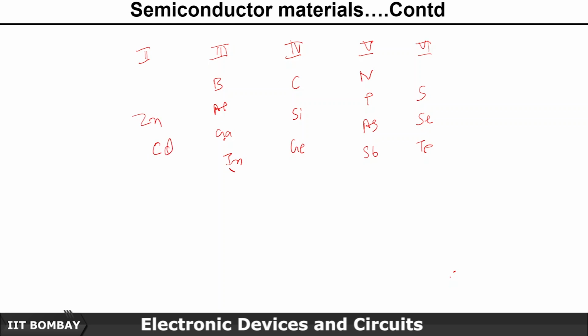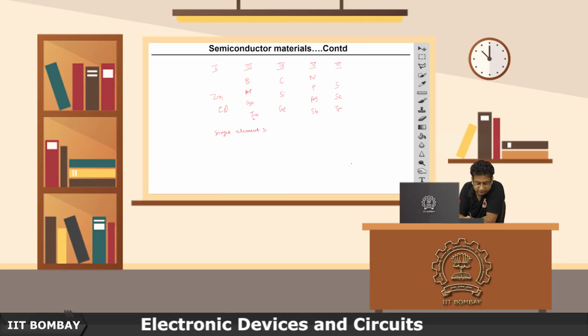Okay, so if I talk about single element semiconductors, the most famous are silicon and germanium. These are group 4 elements. And if I talk about binary materials, for example 3-5 binary semiconductors, here we have an element from group 3 and one element from group 5.